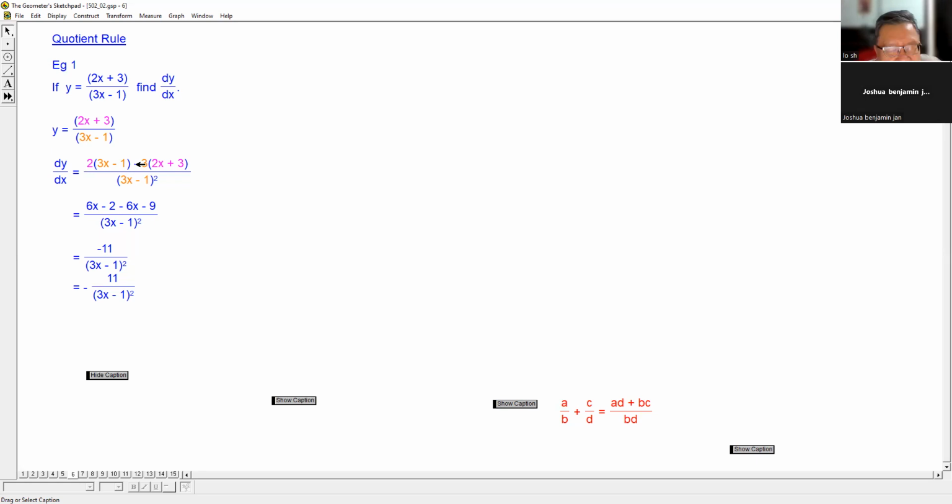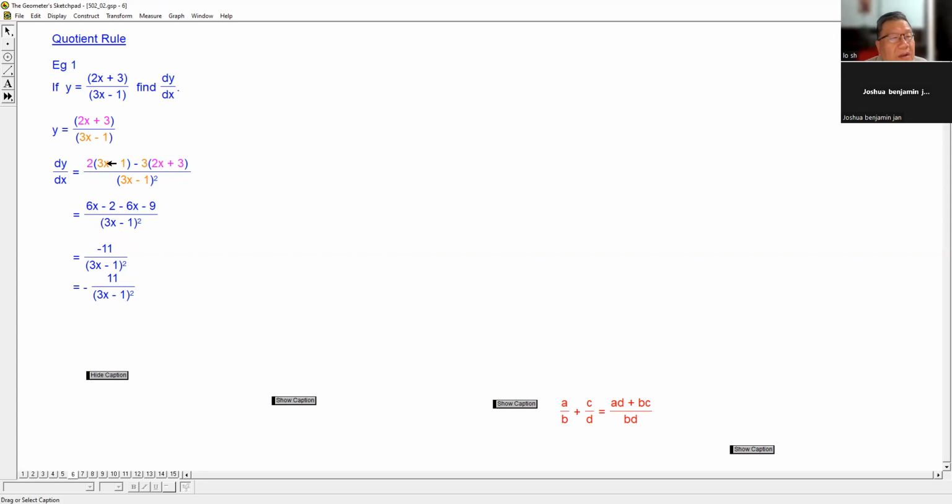Then, different from product rule, instead of add, you have to subtract. Subtract what? Subtract the differentiate the bottom. Differentiate the bottom, then keep the top. Differentiate the bottom, you get 3. Keep the pink color, you get 2x plus 3. Then divide by the bottom square. Bottom here, you square.